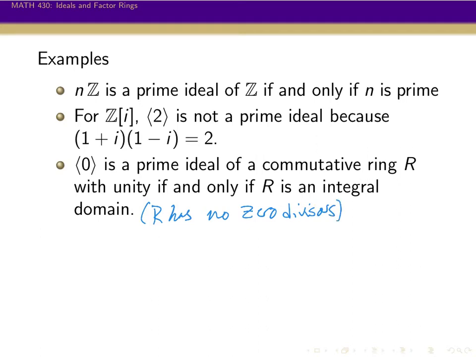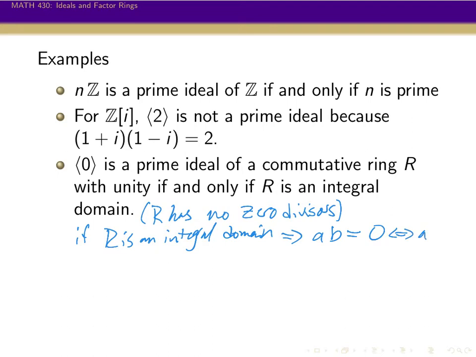So if R is an integral domain, then the ideal generated by 0 is just 0, and so ab equals 0 if and only if a equals 0 or b equals 0.